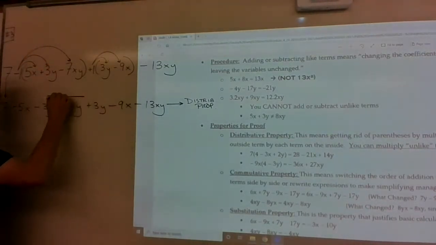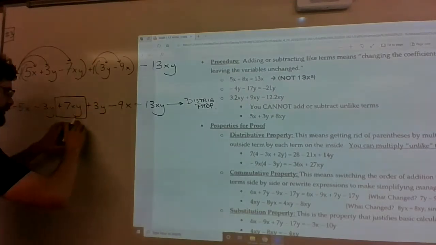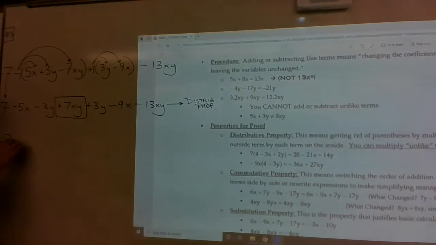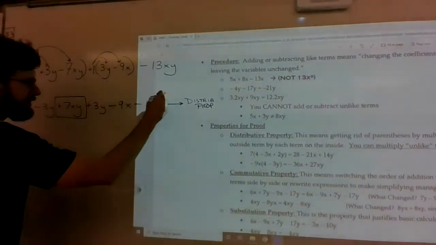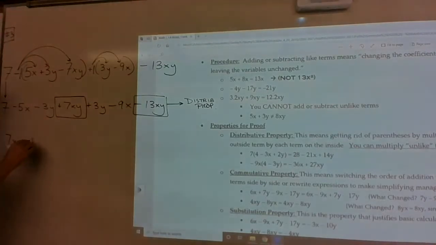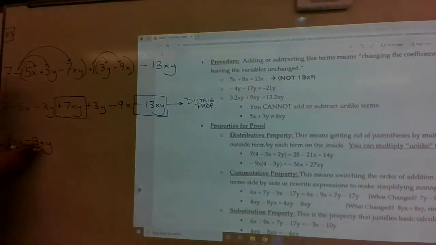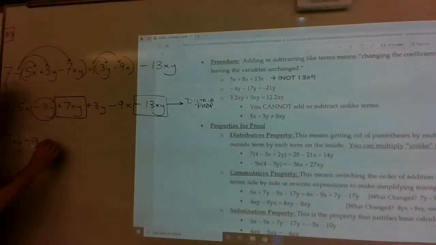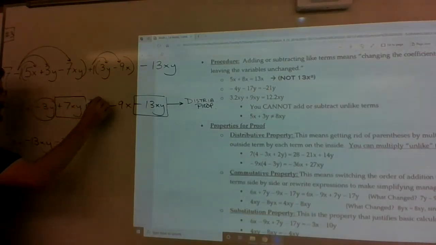So a plus 7xy could be moved all the way to the front. A minus 13xy can be moved all the way side by side with it. All right? I got my 13xy and my negative 13xy and my 7xy side by side. Let's go with the minus 3y put side by side with plus 3y.